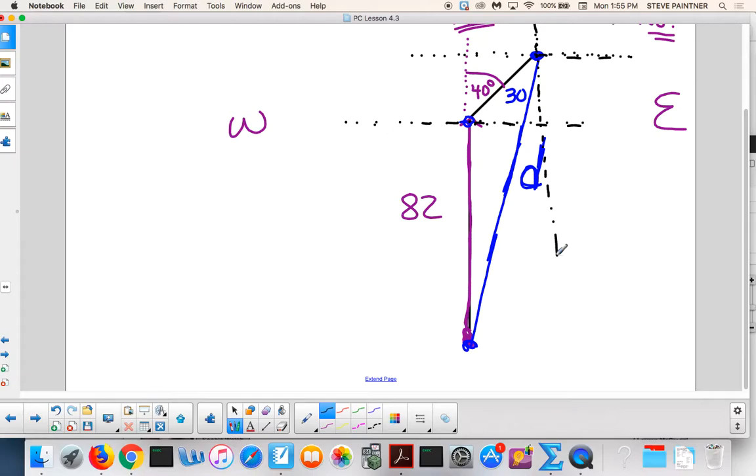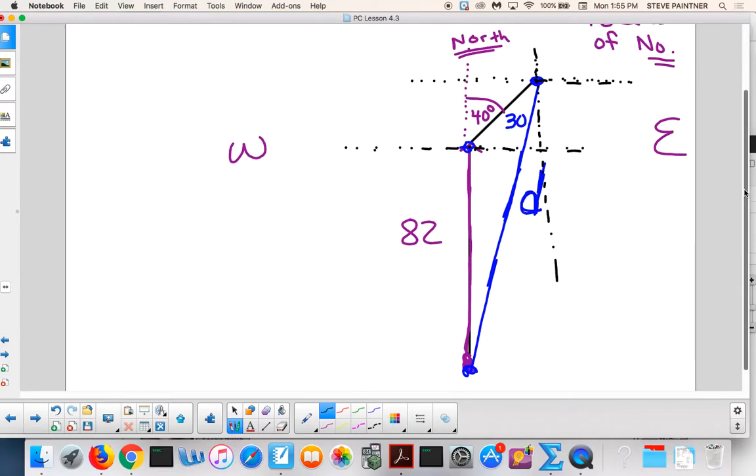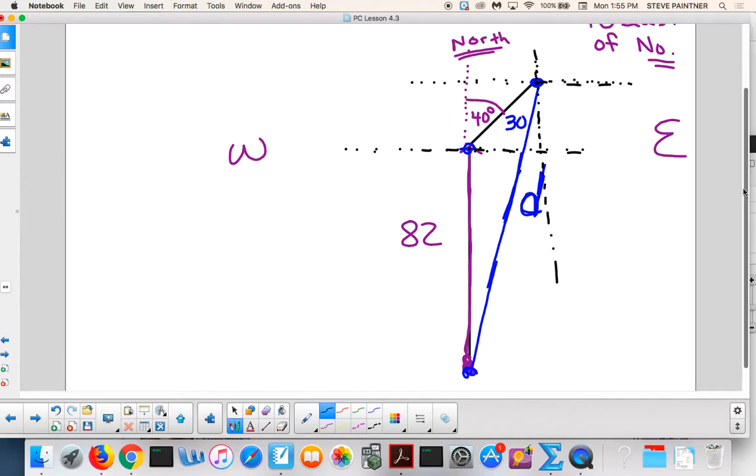Do you see any right triangles right now? Right there. Good answer. How about right here? This is a right angle. You know this is 40. You know this is 30, right? Could you figure out this one, and this one maybe, using trig?